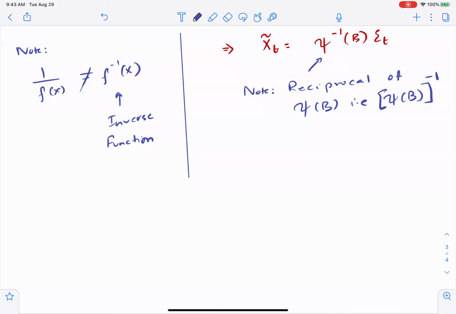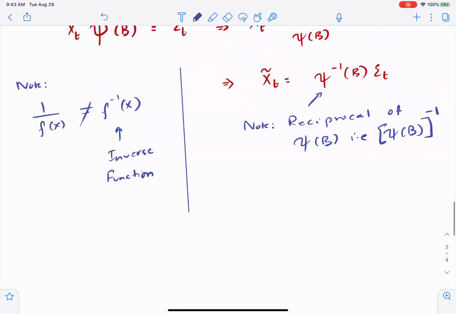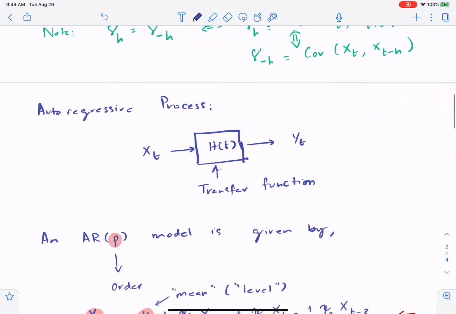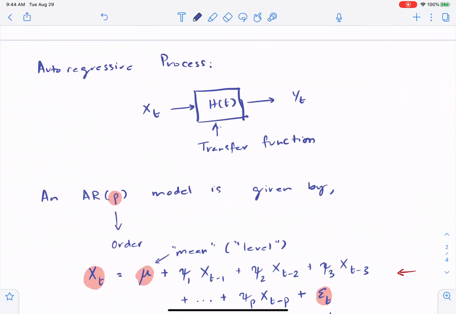Any questions before we move on? So are we able to connect the dots at this step and go back to this picture? Is it making sense? Yes or no? We'll start there.